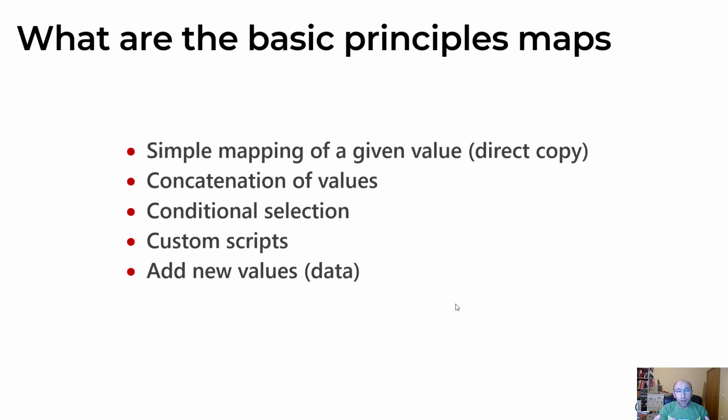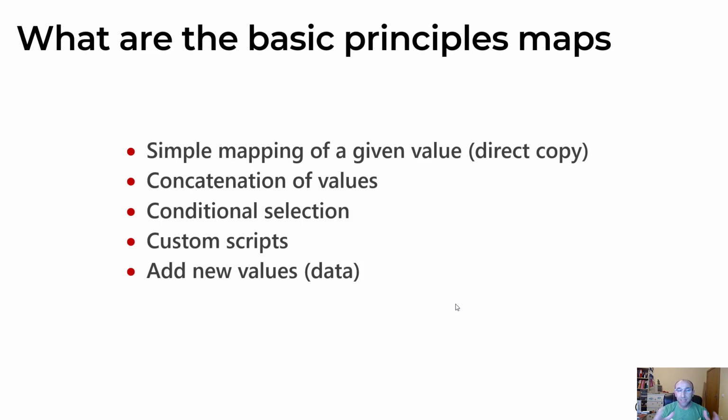There is a lot about concatenation values. In most of the maps, it's common to have a kind of concat information and send it to the destination. Condition selections, okay? Copy a certain field based on a certain condition, or apply a certain transformation based on a certain condition.